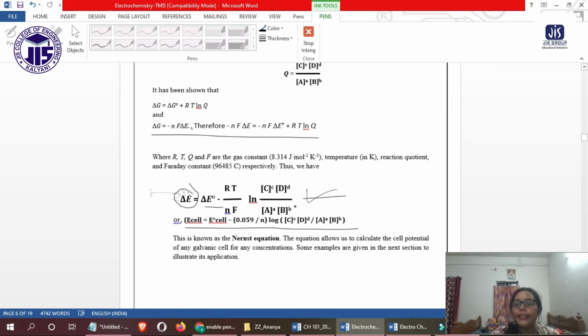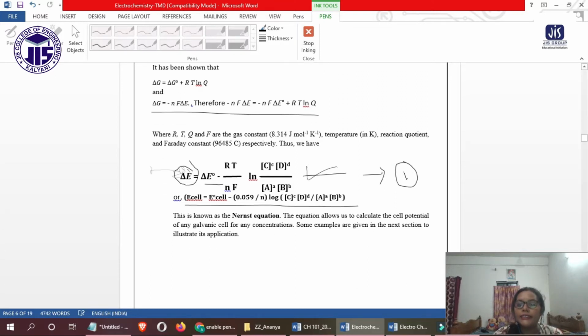This is very important. This is reaction number one, a very important reaction. Now this is called the Nernst equation.